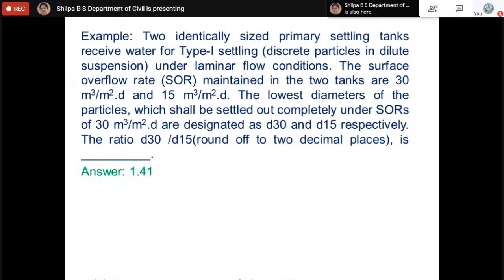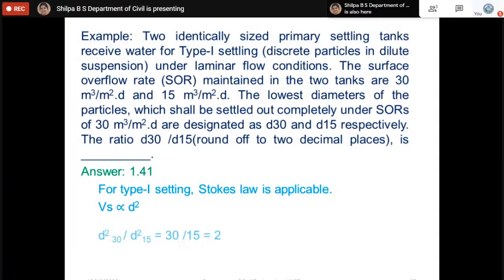It is very simple. The ratio value is 1.41. How? As I told you, Stokes law is applicable, and in Stokes law, the settling velocity is directly proportional to the square of the diameter.